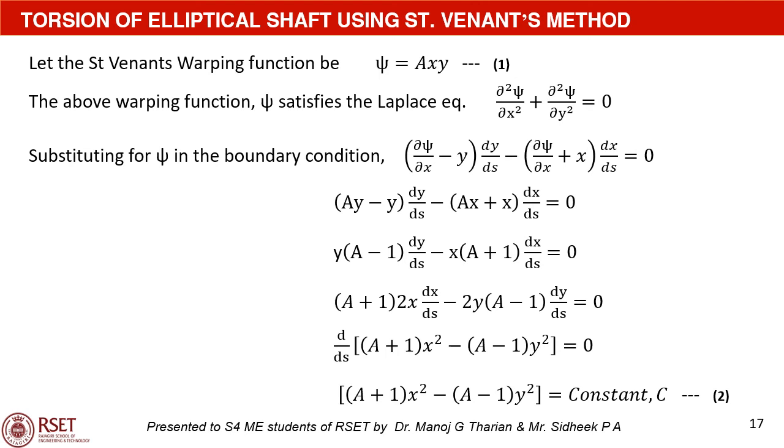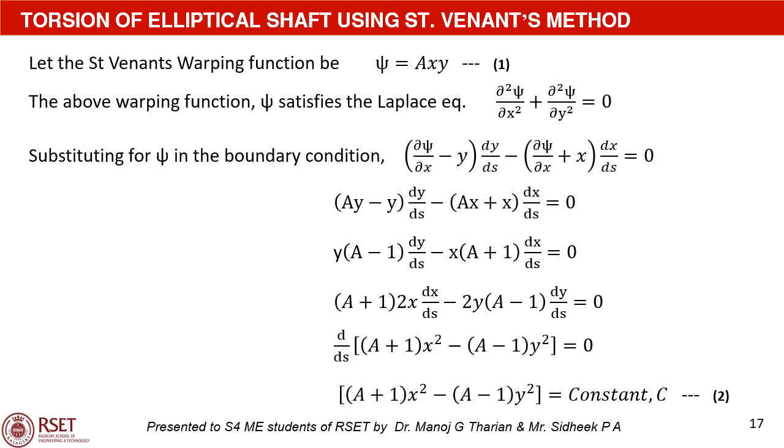Now, the Saint-Venant warping function should also satisfy the boundary condition: (del psi by del x minus y) into dy by ds minus (del psi by del y plus x) into dx by ds equal to 0.